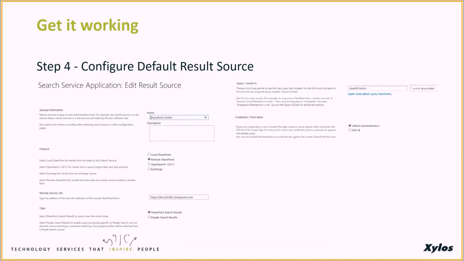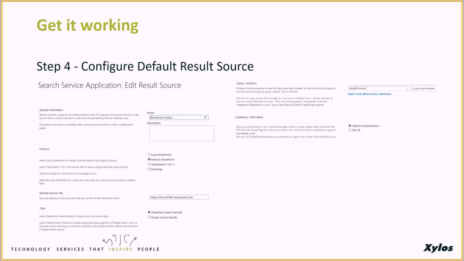Next of all, and that's the thing I always forget, is you have to configure a default result source. Because by default, by design, if you go to an on-premises search center and you issue a search query, SharePoint will use a result source, the local SharePoint system result source, if I'm not mistaken, and that searches the on-premises index.